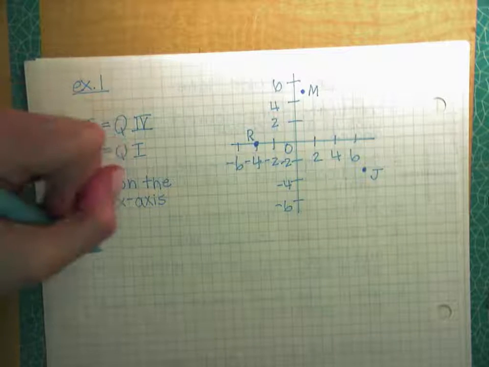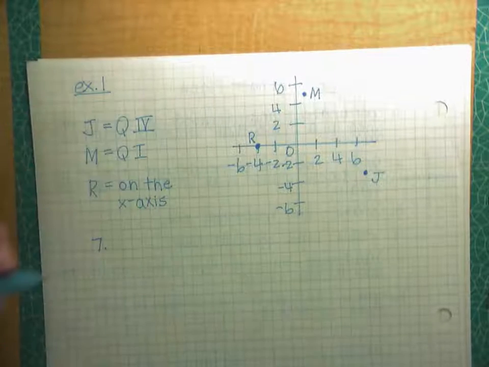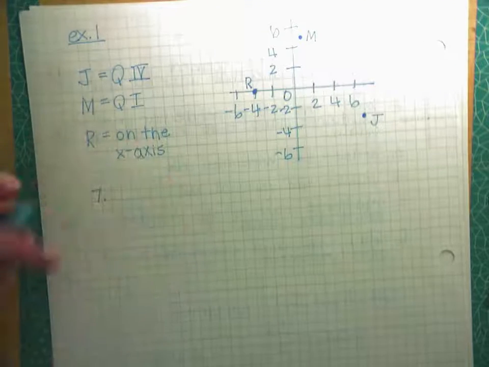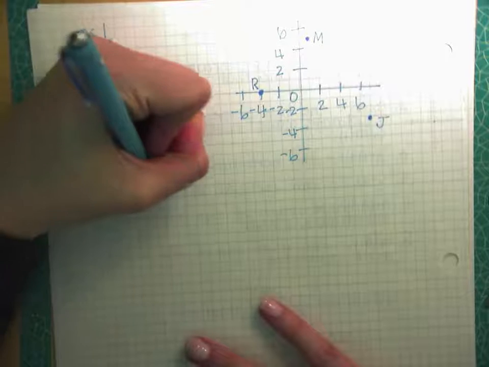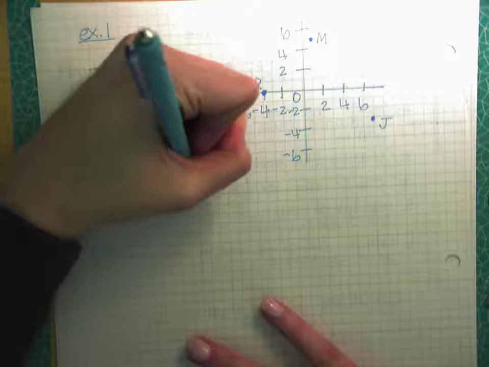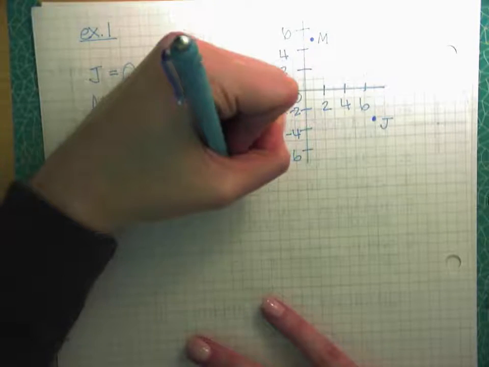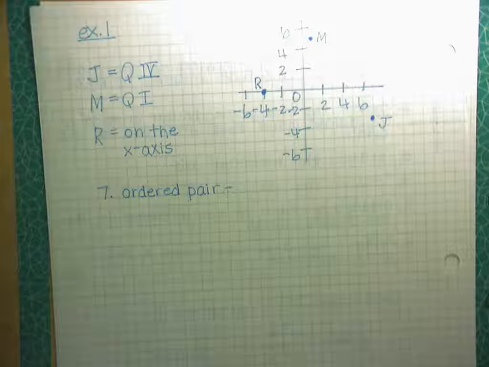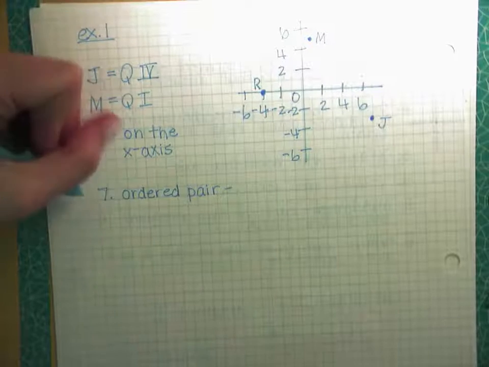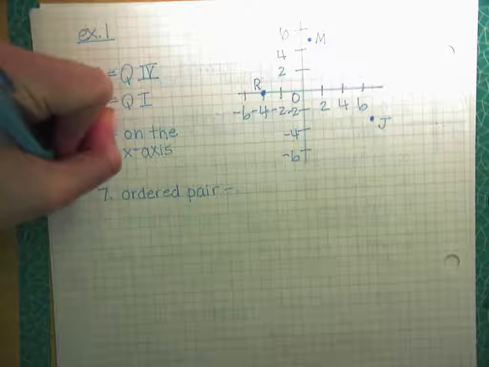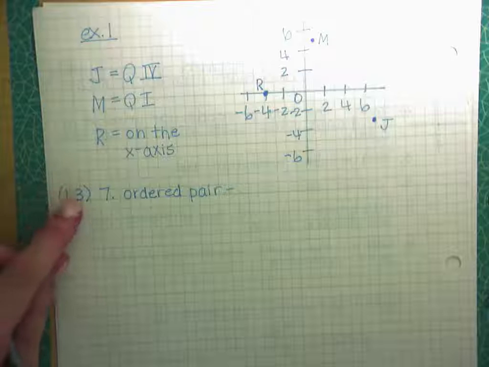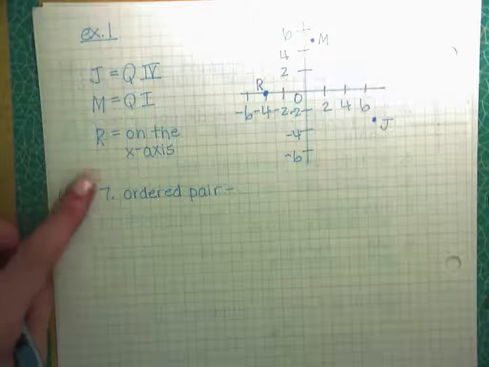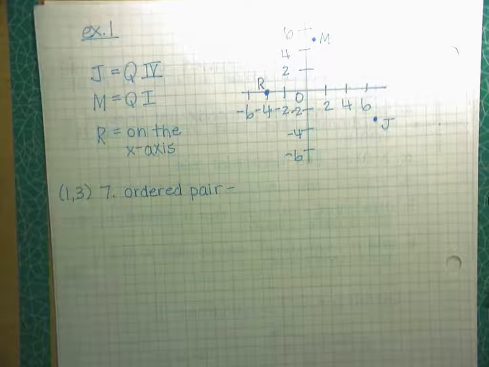All right, so we're going to add in a few more vocabulary terms. The next one we're going to look at is an ordered pair. Okay, and an ordered pair will be written like this. It'll be 2 numbers separated with a comma written inside parentheses.